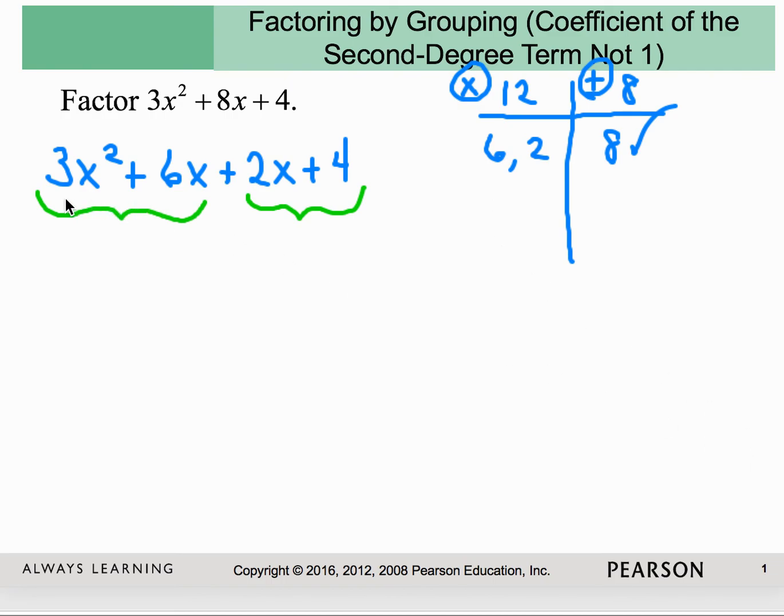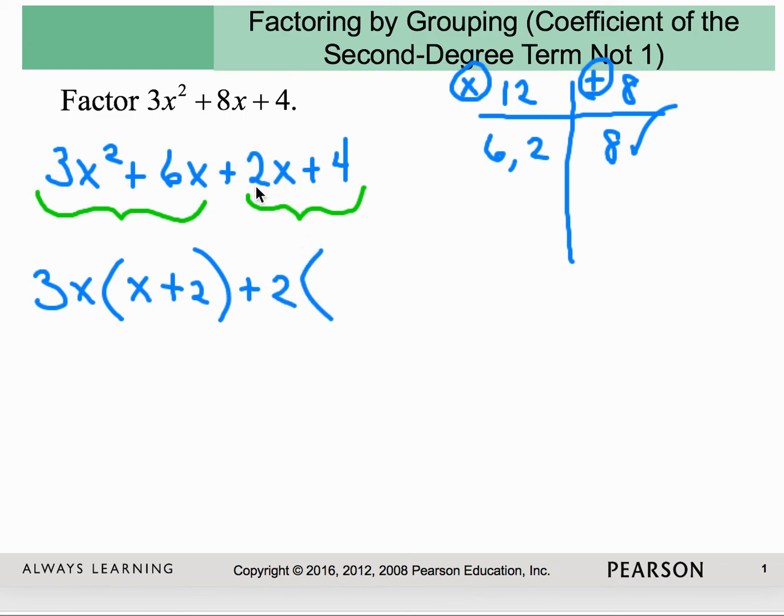Okay, so what can I factor out of these first two? A 3 and an x. If I factor a 3x out of this first term, it leaves just an x. If I factor a 3 and an x out of here, it leaves the 2. Plus sign in the middle, so no worries. These both have a common factor of 2.